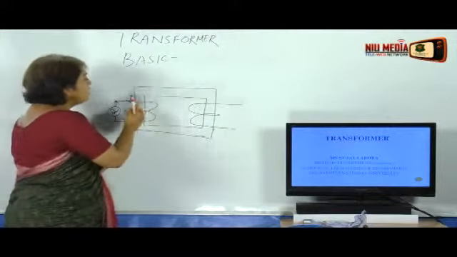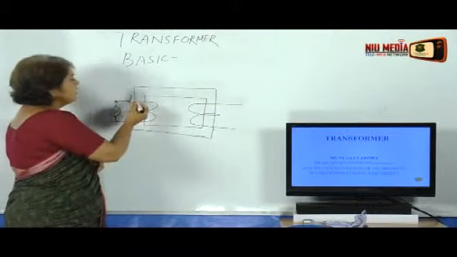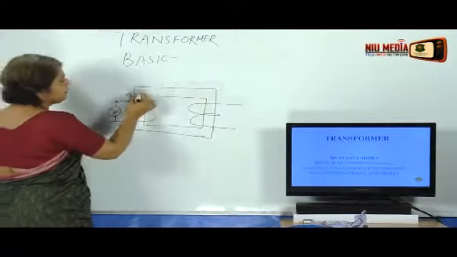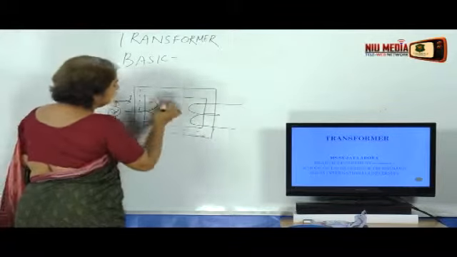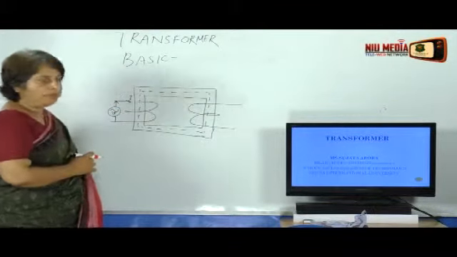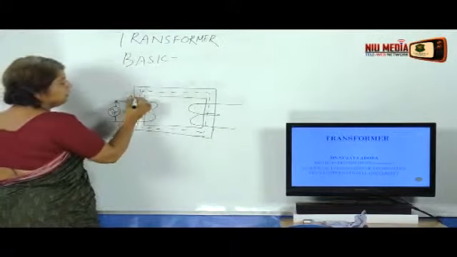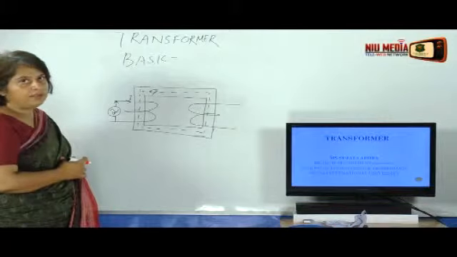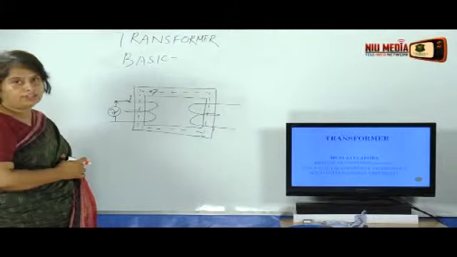Because of the alternating nature of the current, alternating flux is produced. Now, this flux is linked with the former. This is called a former. This flux linked with the former also has the nature of alternation.